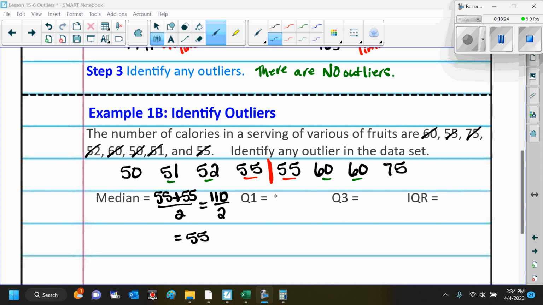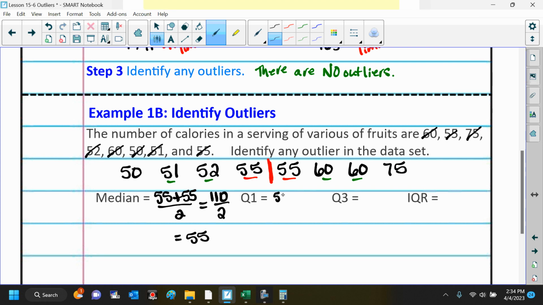So we've got 51 plus 52 divided by 2. That's going to give us 103 divided by 2, and that's going to give us 51.5.